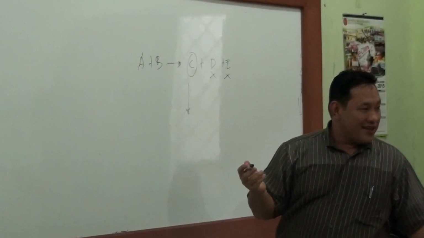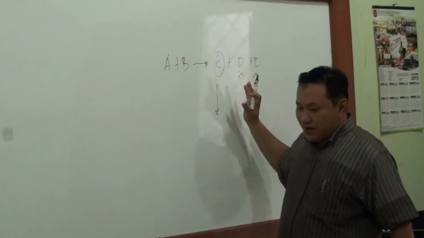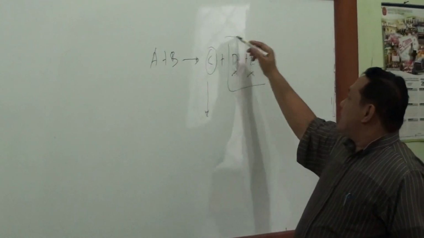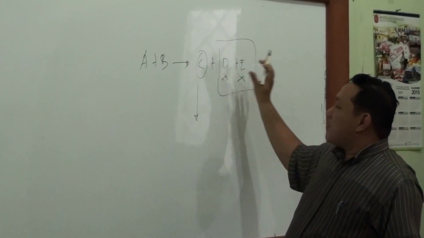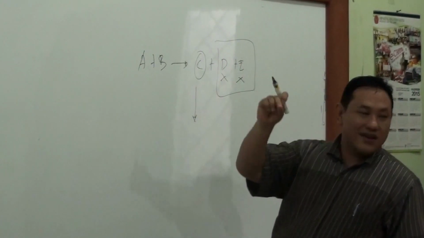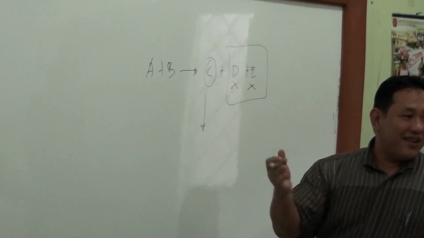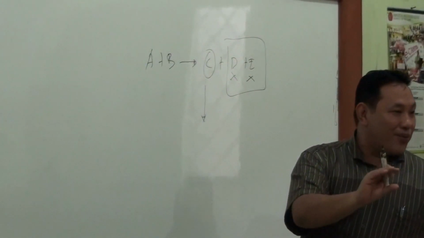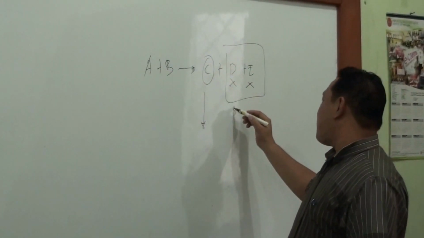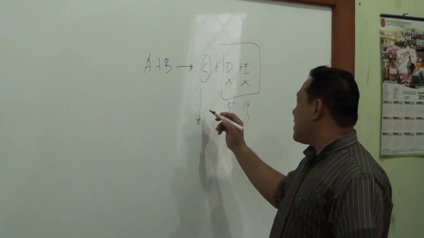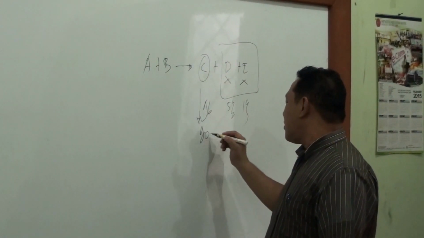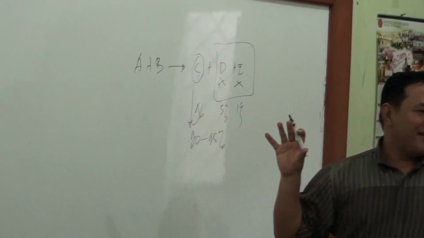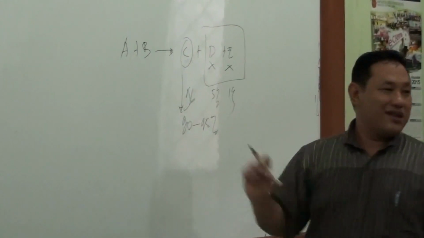But mostly you can't make the unwanted products not appear in the reactor. You can still find D and E, but the concentration is low, for example just 5%, 1%, something like that. Then you want C at 90 or up to 95%. So most of the reaction will produce C.